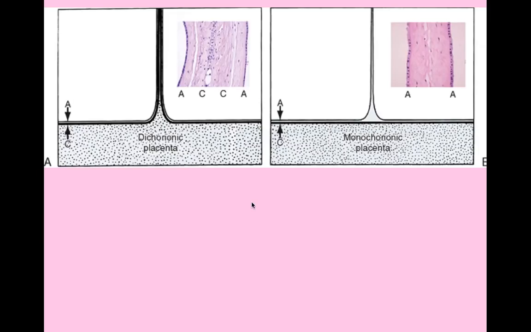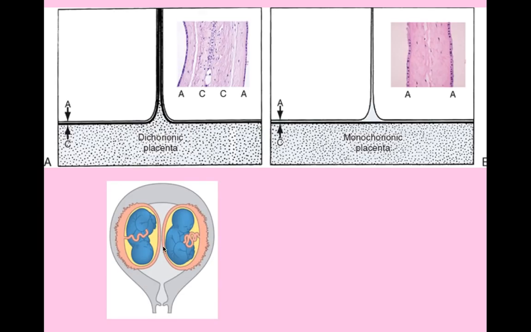So when you have dichorionicity, when you have two separate chorions, within this membrane that separates these twins, you're going to have intervening chorion. And so it's going to be thicker than if you weren't to have intervening chorion. So with dichorionic twins, you have intervening chorion between the membranes.